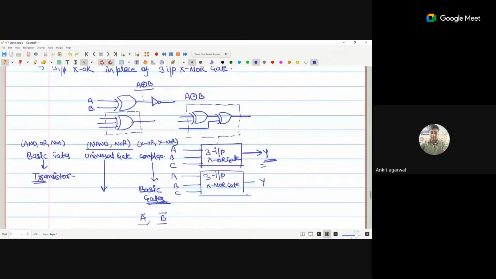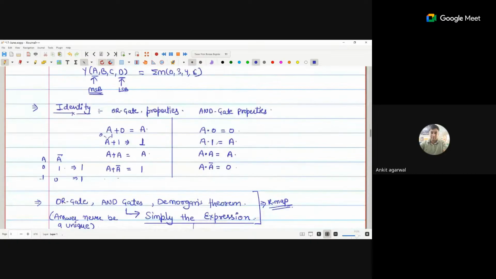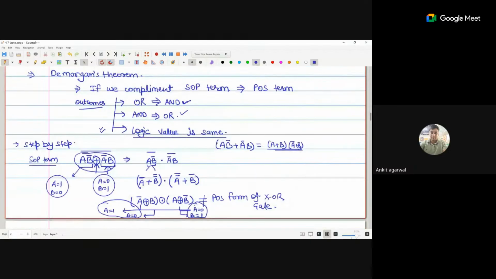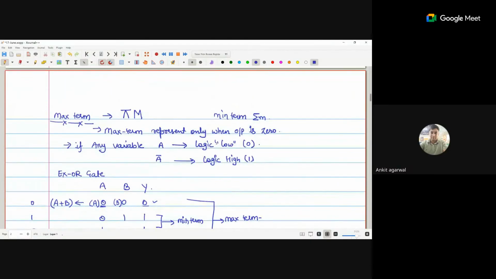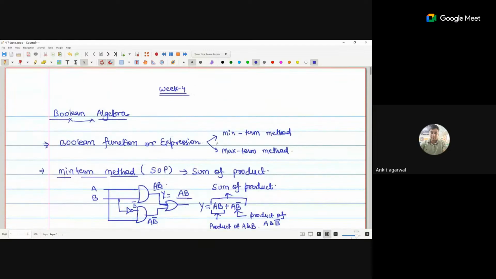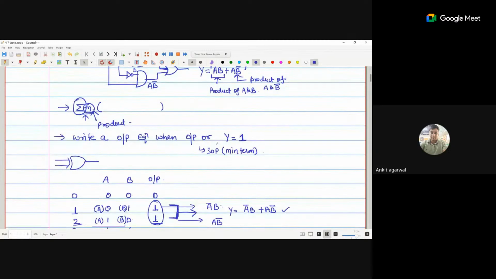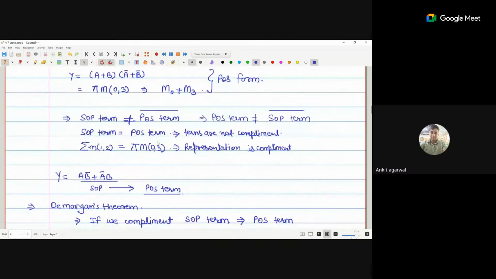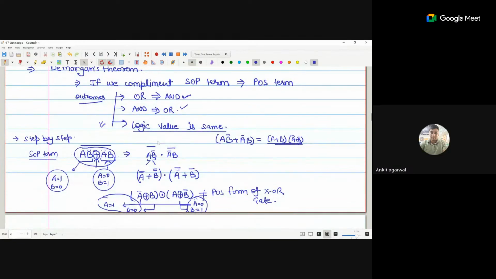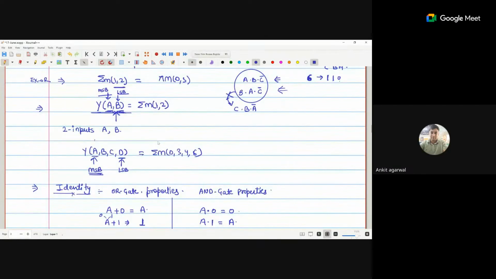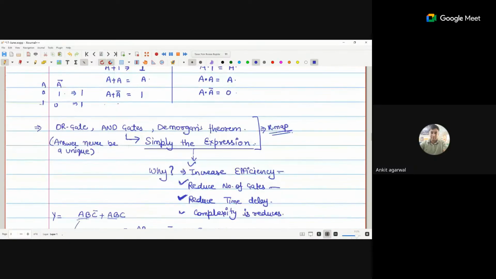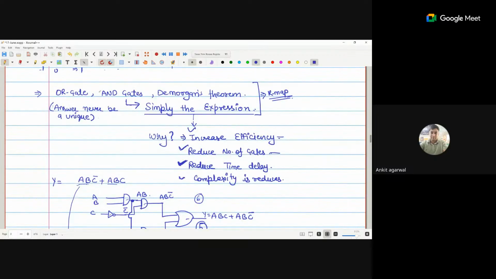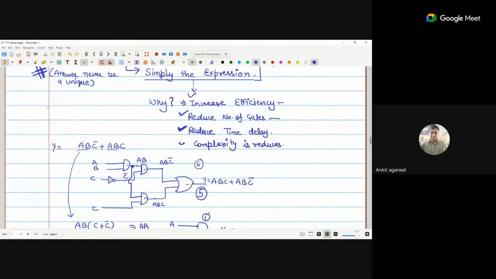Now, if you remember, at the start we made one statement: the answer need never be a unique solution. So I will show you why I wrote this.